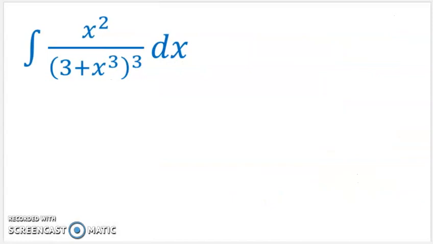For our next example, let us take the integral x squared over (3 plus x cubed) cubed dx. So for this example, let us take u as 3 plus x cubed. So the derivative of u with respect to x is 3x squared dx.